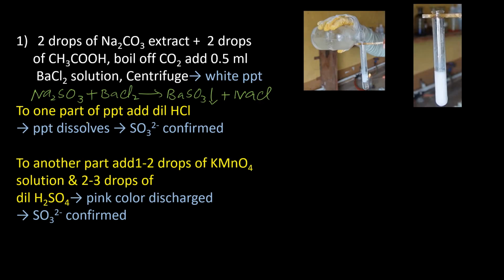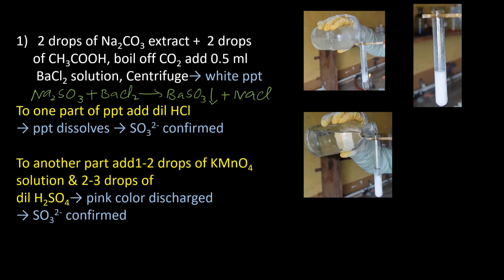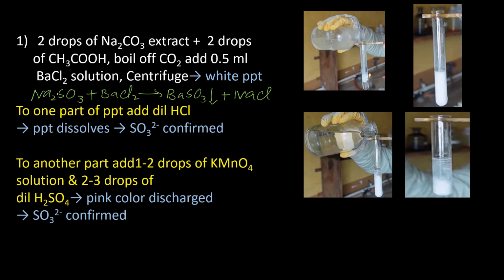Then to one part of this precipitate, add dilute hydrochloric acid. So when you are adding dilute hydrochloric acid, the precipitate dissolves. What happened? Now, once again, the precipitate was barium sulfite, plus you have added hydrochloric acid. Then what will form?